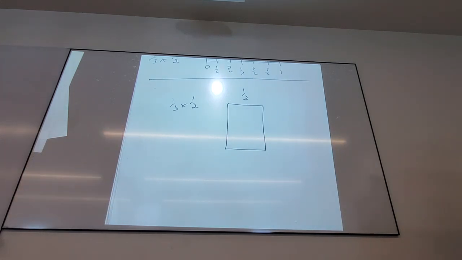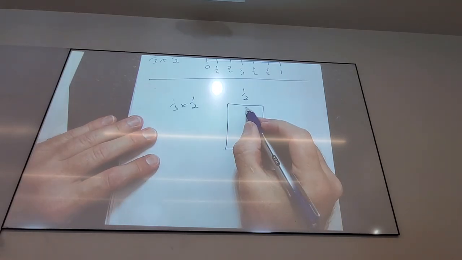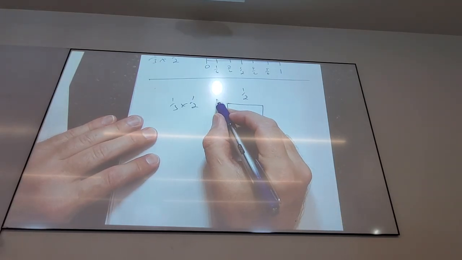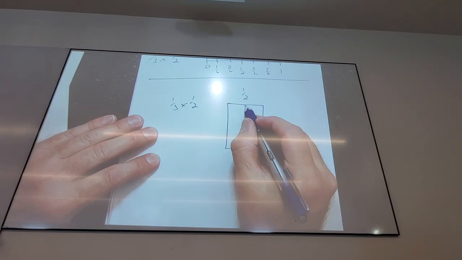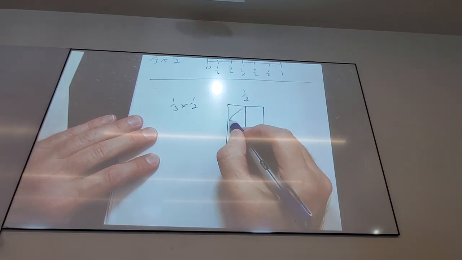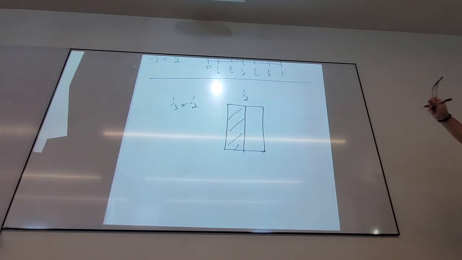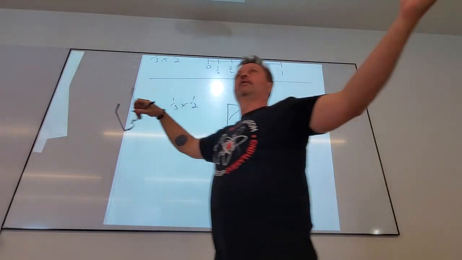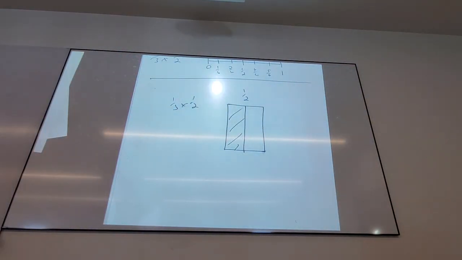I just take that block, you're not going to believe it. Take that block and do what? Cut it in 2 parts, yeah. And then I just shade one of them. Is everybody with me? So everybody do that with me, right? That's the easiest way to make a half. And then this literally says, take 1/3 of that 1/2, right? So this is kind of a beautiful visual.